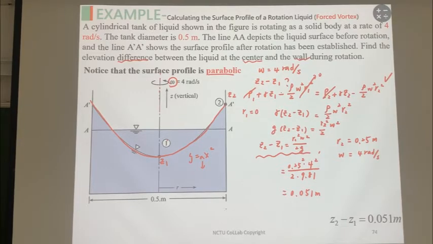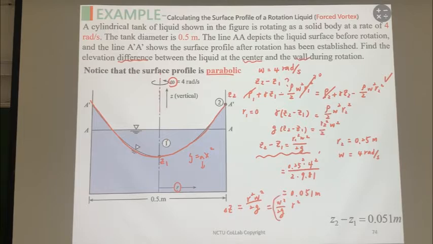So we have the delta z changing as a function of r squared, omega squared, and 2g, right? So r is similar to the x direction. So the constant value is omega squared divided by 2g, and this is r squared.